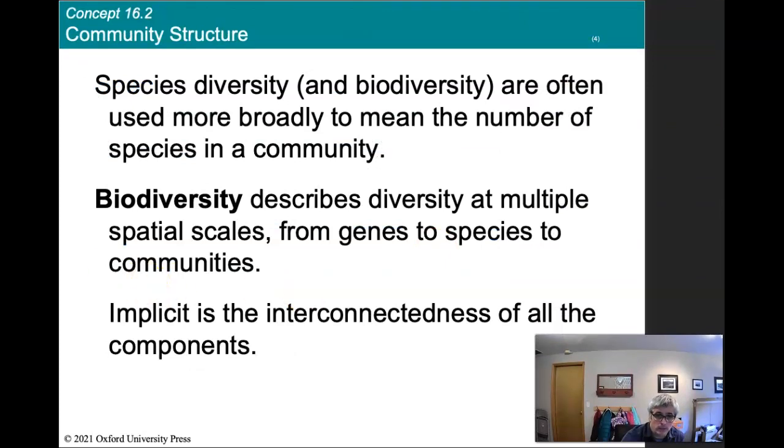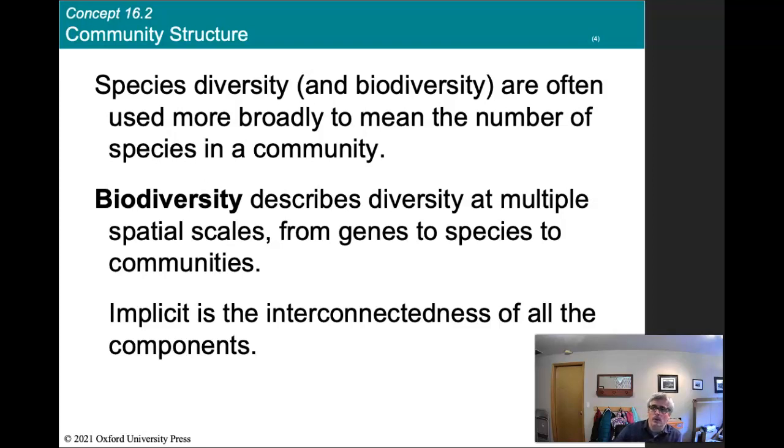Species diversity and biodiversity are often used broadly to mean the number of species in a community. However, biodiversity can be used to describe diversity at multiple scales, from genes to species in the communities. And so when we really define biodiversity, it's important to understand it includes genetic diversity as well.